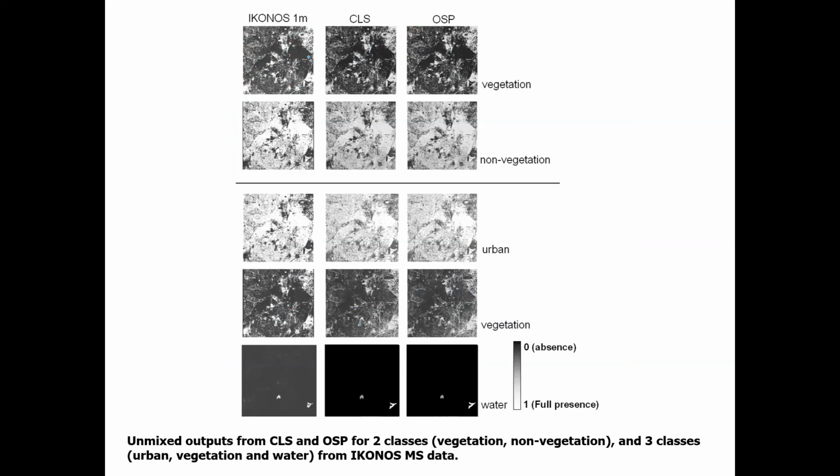We see the output from both the algorithms for 2 classes, vegetation and non-vegetation, and 3 classes, urban, vegetation, and water. As you can see, the Ulsoor lake and another lake are now quite prominent, so they are white in color. White indicates full presence, and black areas represent absence. So all the black areas are the non-water area, so they can be either urban or vegetation.